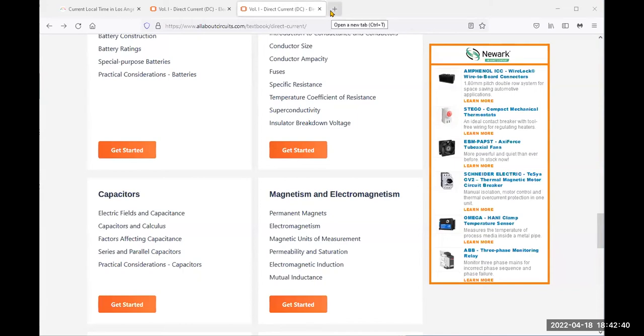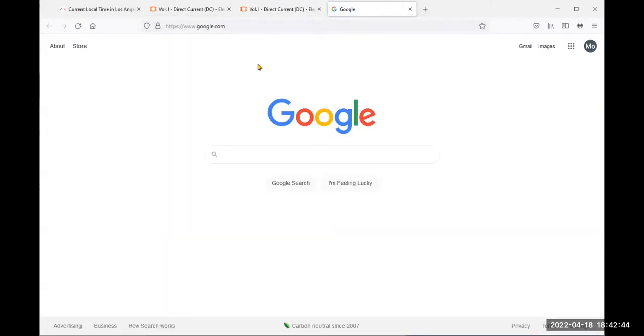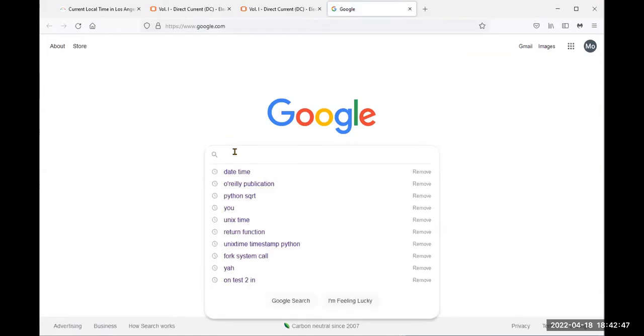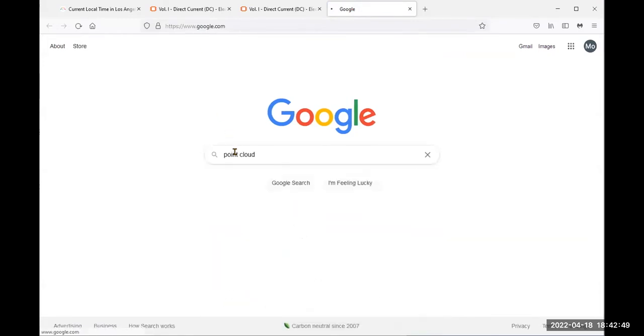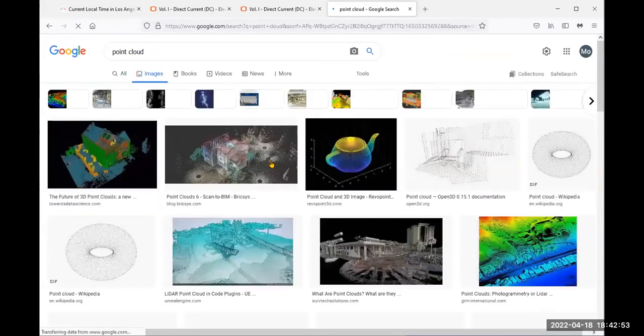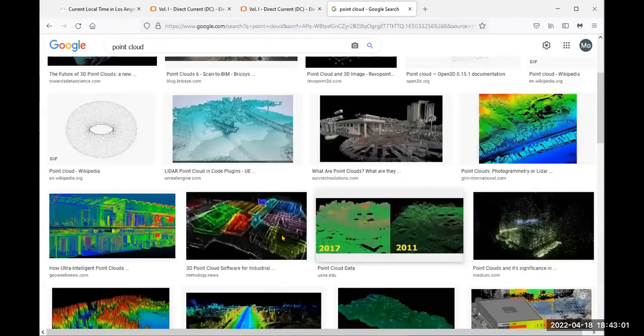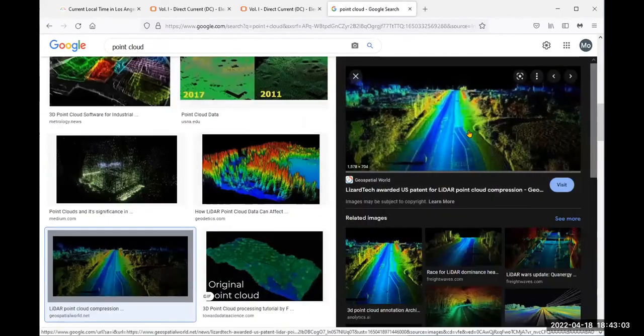Such as here. So let's Google it, search point cloud, and then click on images. So this is point cloud. It also uses all the stuff we just covered. They're related. So here, oh, this is a good picture, point cloud.